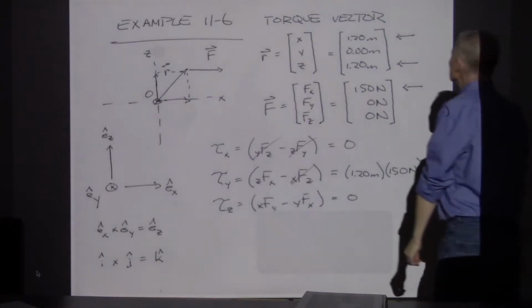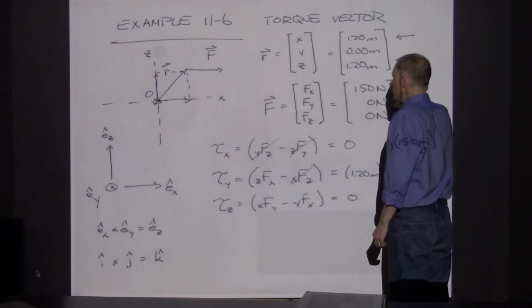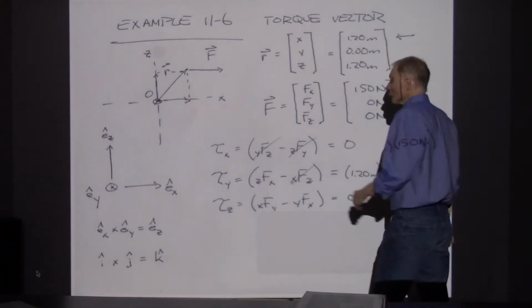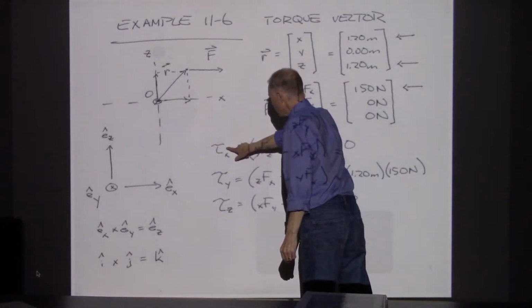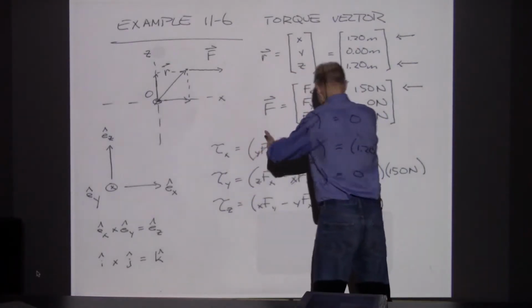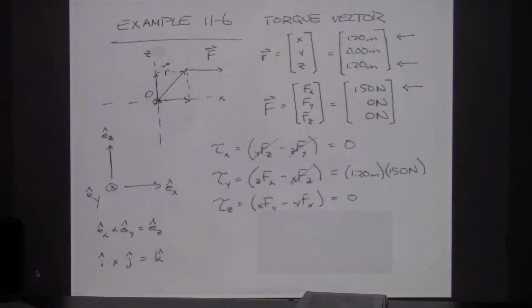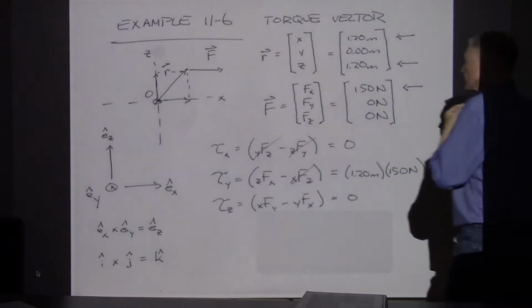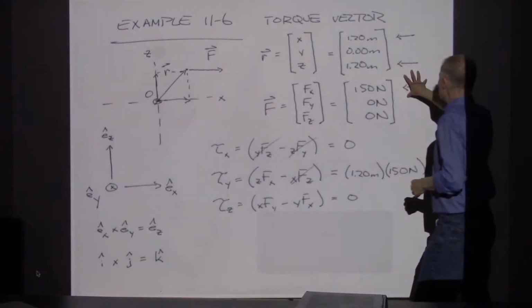Let's see what happens. So these were the components for r, these are the components for F, and now I'm just going to follow the rules that we had set up. Torque could have components in the x, y, and z, and this was the formula. I could read them all off again, but I think it's probably more useful just to stare at that. So what's happening here is, a lot of these were zeros, and that's good.